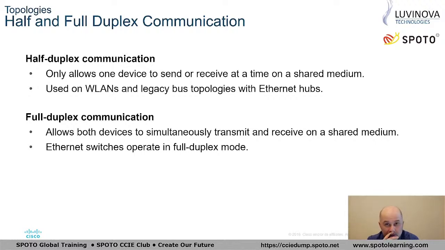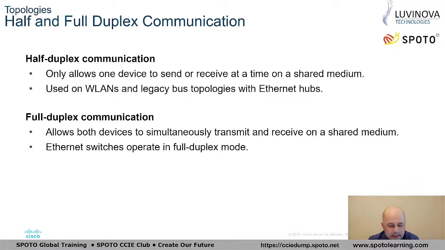Half duplex and full duplex. What's the difference? Half duplex allows one device to send or receive at a time on the shared medium. It is used on WLANs, wireless local area networks, and legacy bus topologies with Ethernet hubs.